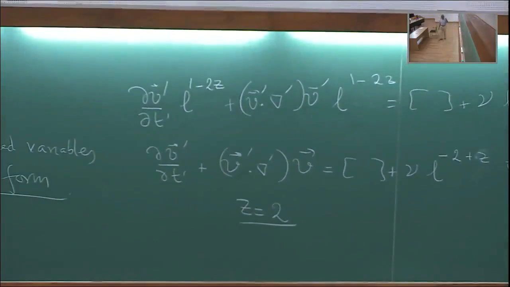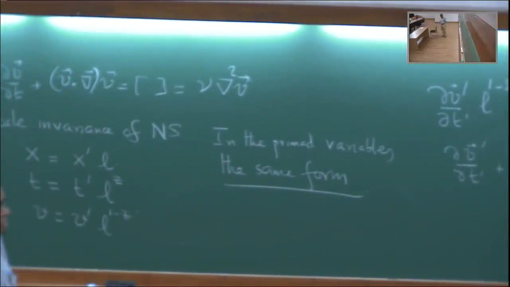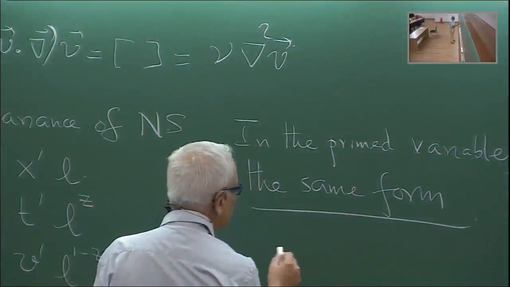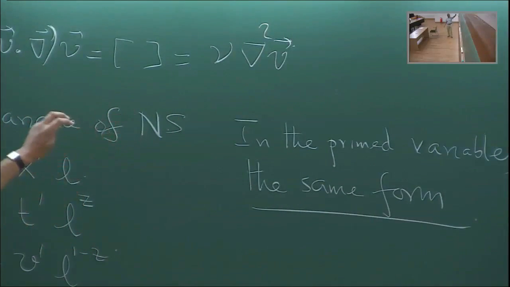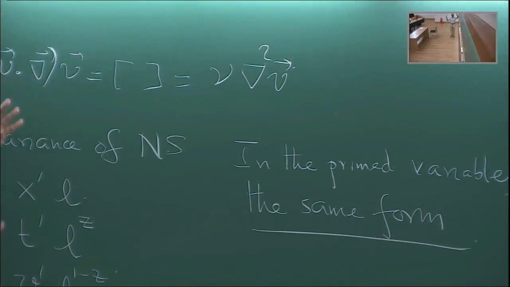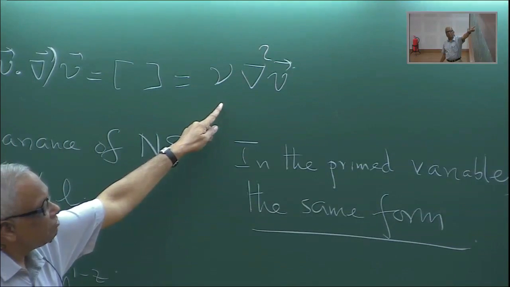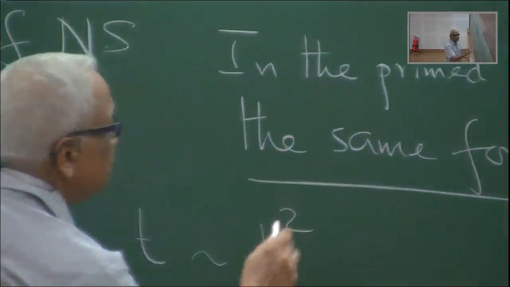So z equal to 2 for scale invariance of Navier-Stokes equation, which exactly makes sense because it's a diffusive equation apart from this term, which is Galilean invariant and really a part of the total acceleration. It's a diffusive equation, and therefore T has to behave like L square.